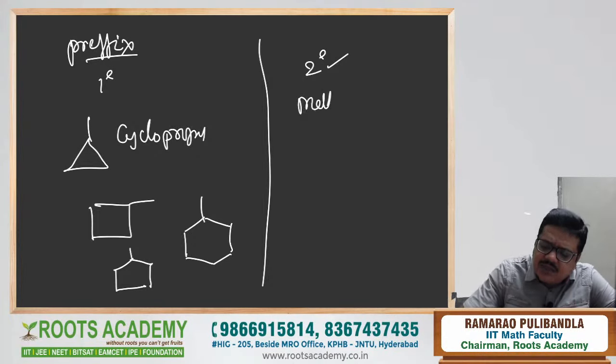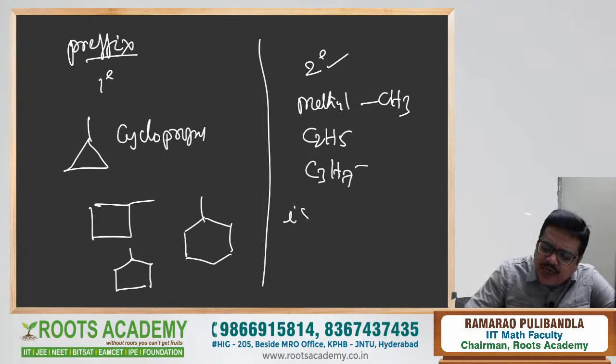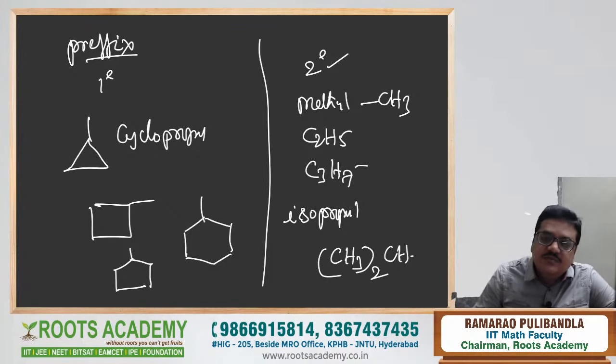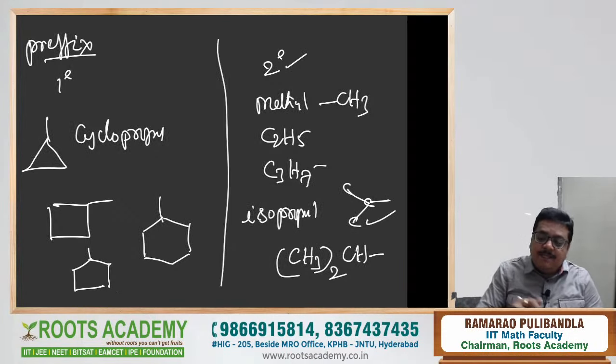Methyl, methyl is CH3, ethyl, propyl, isopropyl. Like this, CH3 twice, CH, or they show it like this. This is isopropyl. Right.